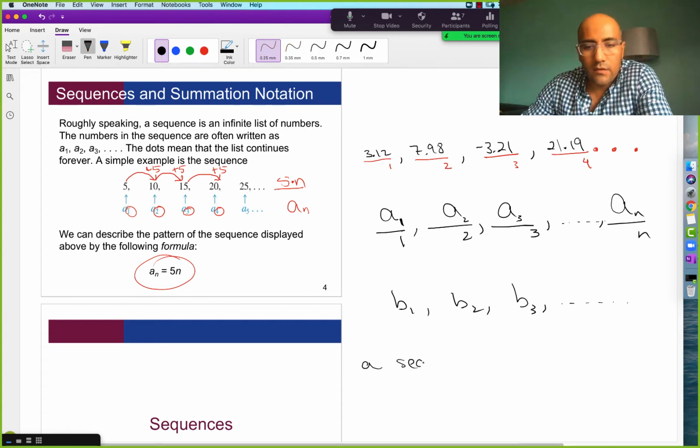A sequence is a list of numbers indexed by the counting numbers.